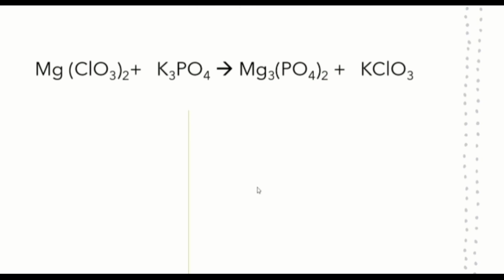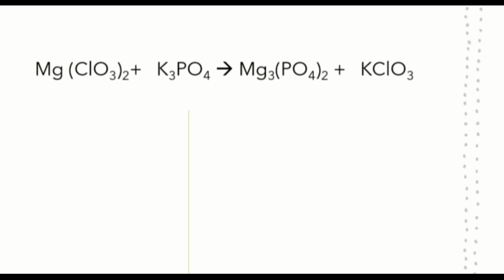So here we have an example of a double replacement reaction. The reaction between magnesium chlorate and potassium phosphate to produce magnesium phosphate and potassium chlorate. So again, we will balance this by inspection. So let's break down the elements.